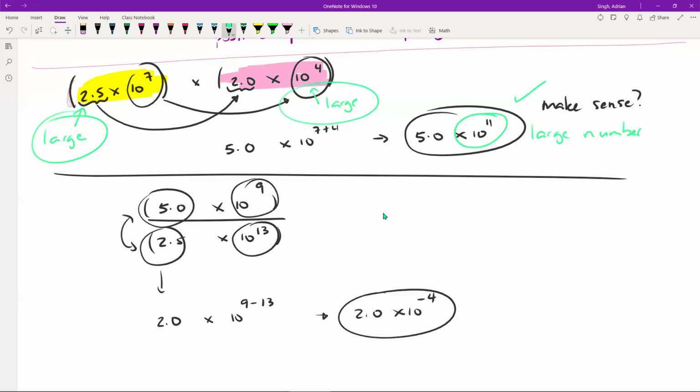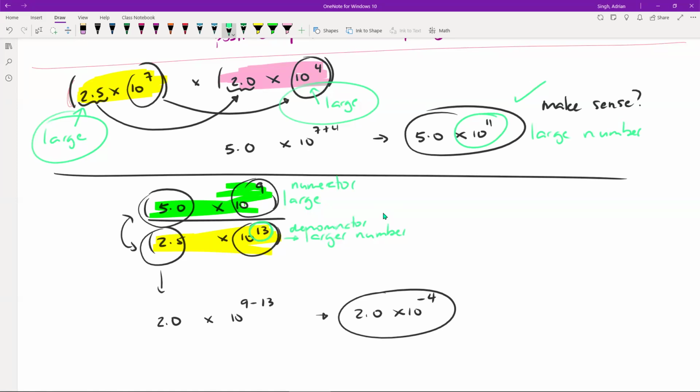We take a look at the second one here. So I have a 5.0 times 10 to the 9. That is a fairly large value. And now I'm dividing it by 2.5 times 10 to the 13. So you will now notice that here the exponent is a much larger positive value. So this here is a larger number than we have in the numerator. So the numerator is large, and the denominator is even larger.